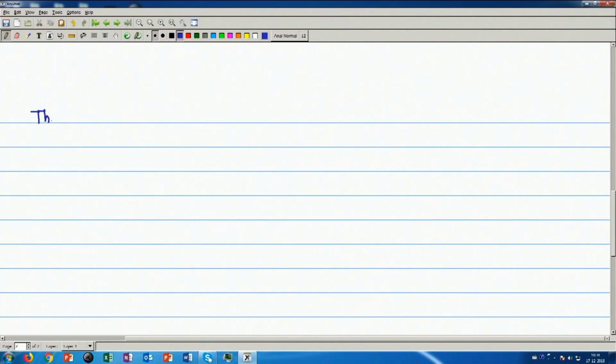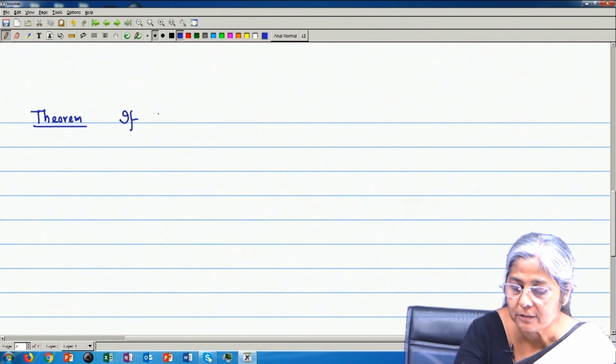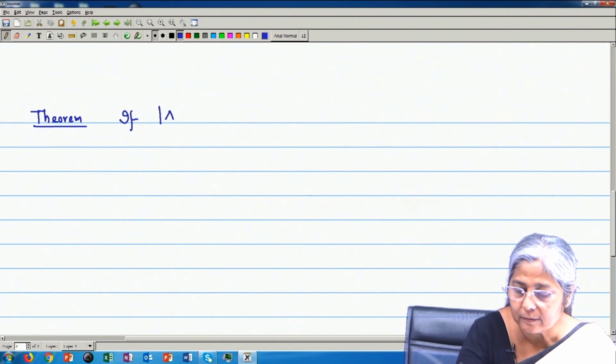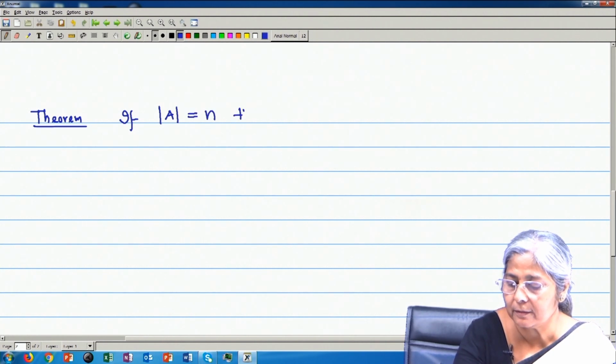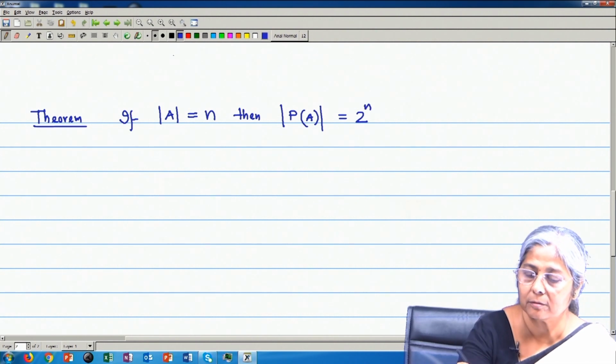I give a theorem that if the cardinality of a set A equals n, then the cardinality of the power set equals 2 to the power n.